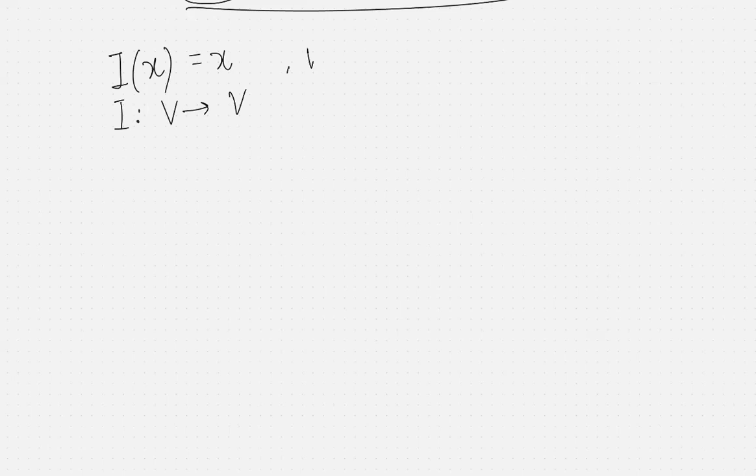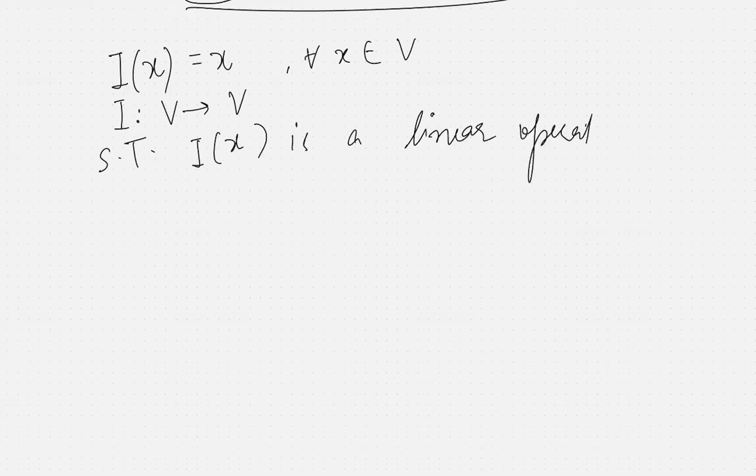We have to show that the identity I is a linear operator on V. That's called the identity linear operator. Very easy. Only one condition we need to show. We have already done how to show whether a function is a linear transformation or not: alpha x plus beta y should map to alpha times f of x plus beta times f of y.